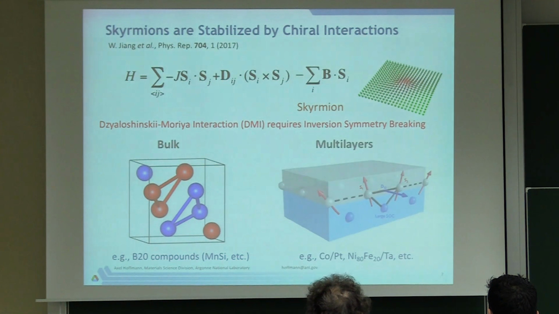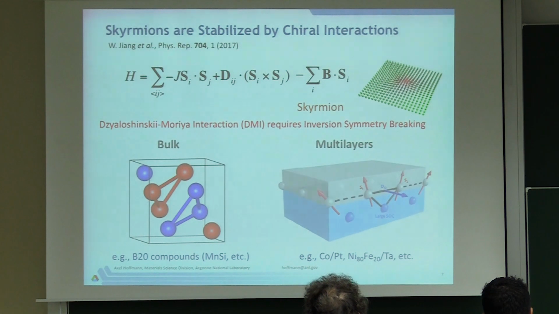Another way you can break inversion symmetry is by simply having an interface in your structure. And it turns out this is of course an easy way. You can put an interface on any material. And if you now combine a ferromagnetic material with a material that has strong spin-orbit interaction, which typically means heavy element materials, you can also have a strong chiral exchange interaction at this interface.